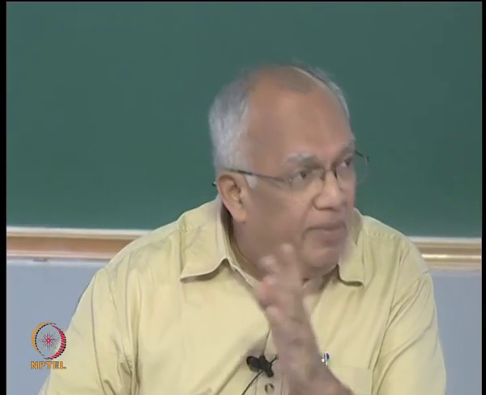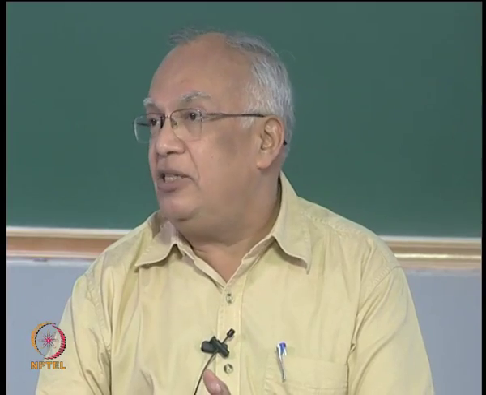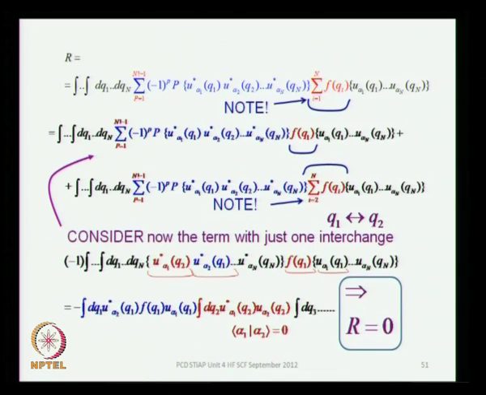Now, the same thing is going to happen to the remaining terms. And if you look at the remaining terms, the whole remainder vanishes for exactly this reason, and the reason is very simple. The whole remainder vanishes because you will have exactly this kind of thing happening from the remaining terms over here.